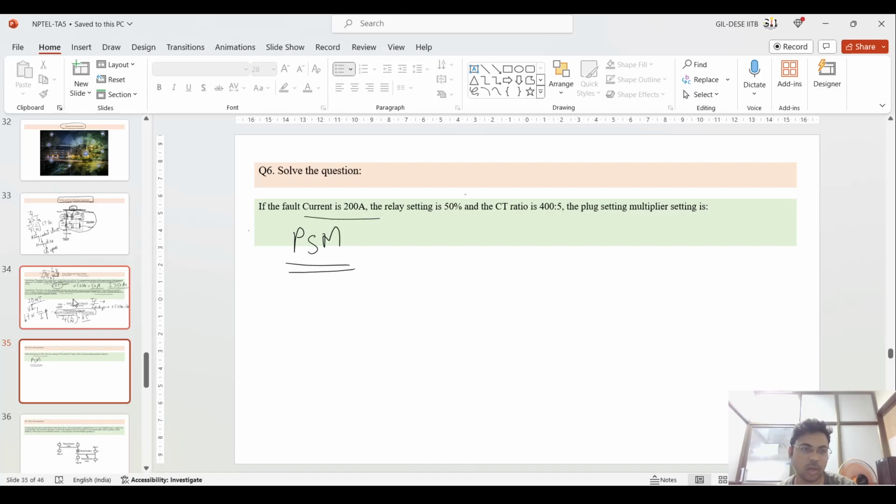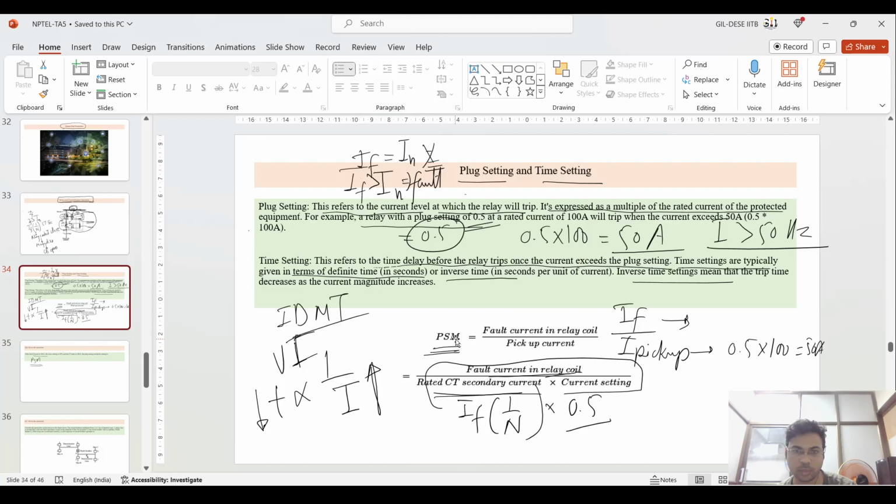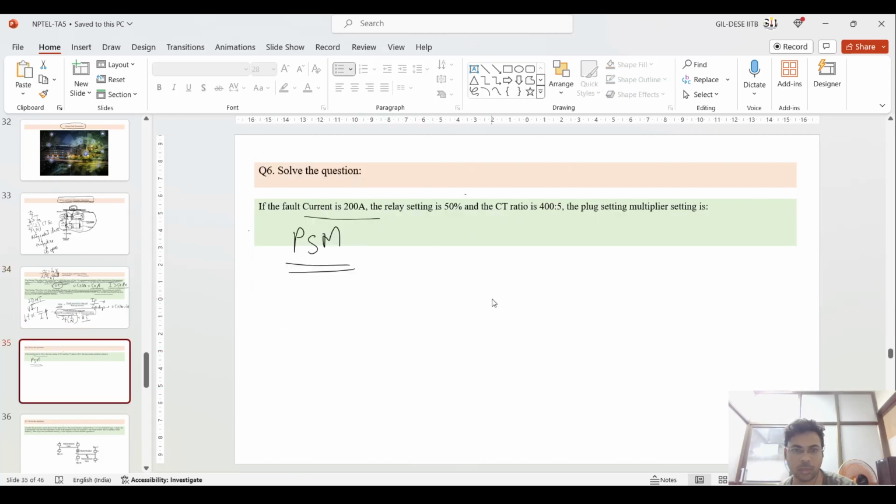You have to tell me what the PSM, plug setting multiplier, is. If you want the formula, I can also give it to you. Let me give you the formula also.